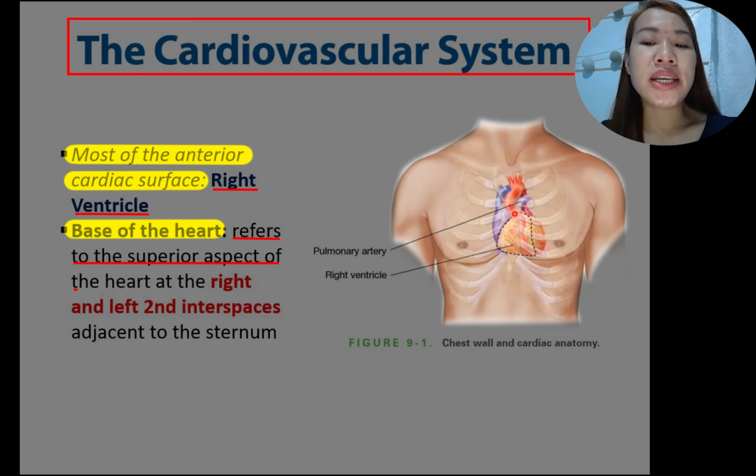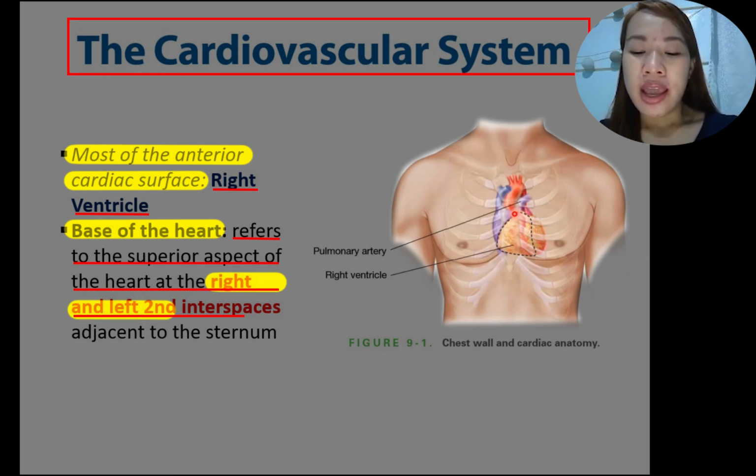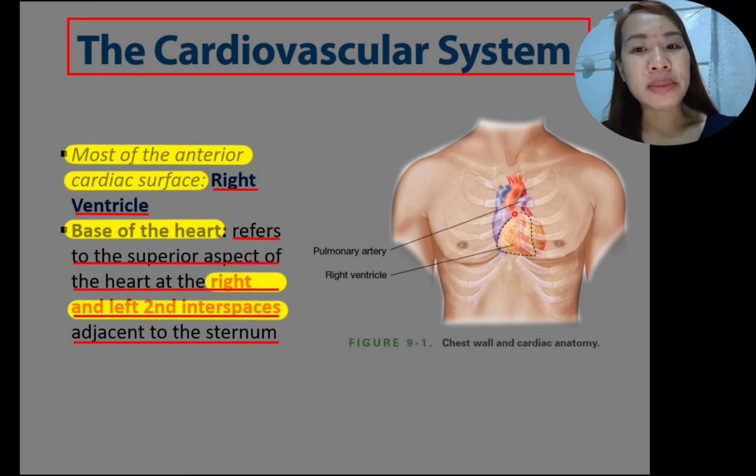Here we see that the base of the heart is located at the level of the sternal angle, and this clinical term refers to the superior aspect of the heart that is located on the right and left second interspaces adjacent to the sternum.